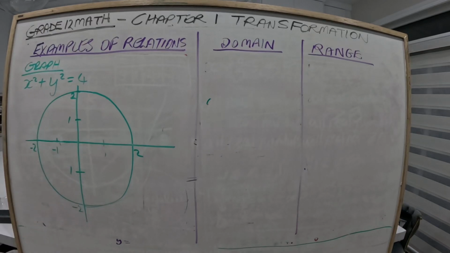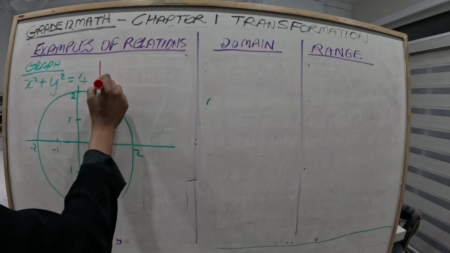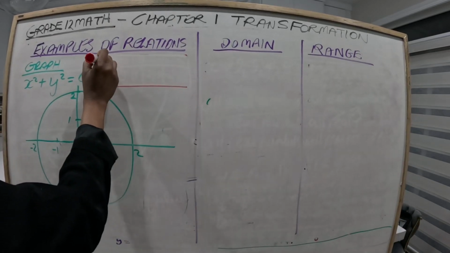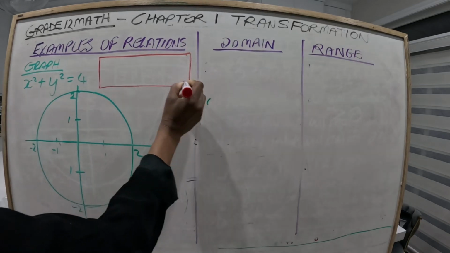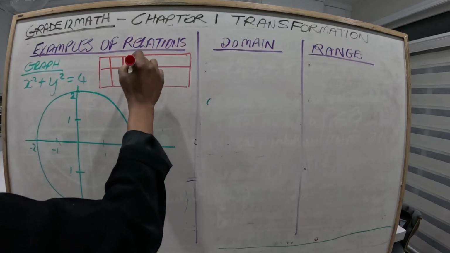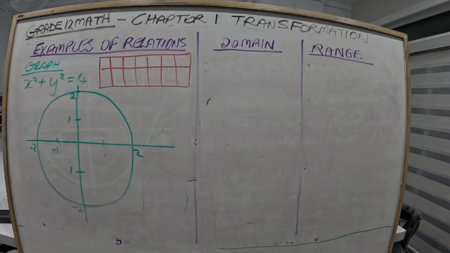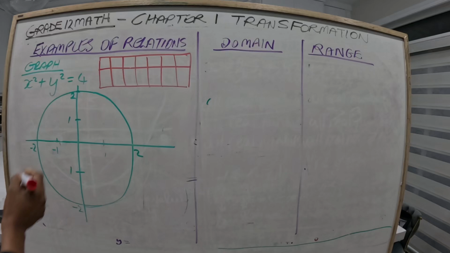Now, again, the reason why this will always be a circle is because if you were to input the values of x, I like the fact that you can actually prove what we're talking about here.